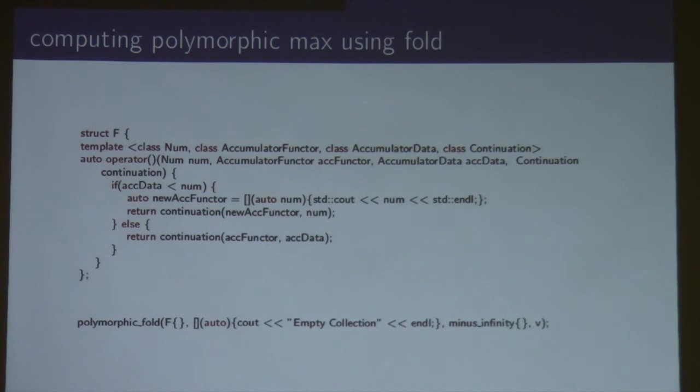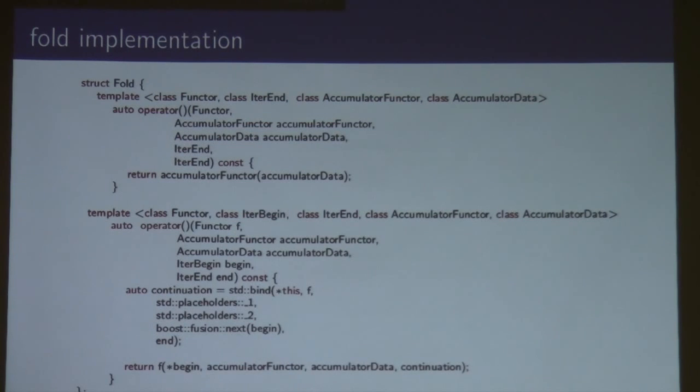Because we do not, this is a function call. This is not an object. Oh, maybe this is not clear. This is not an object of type continuation. This is a function call, and this is a template function, which returns the same type. Okay, got it. So this continuation was this bind, and this is actually a template call.